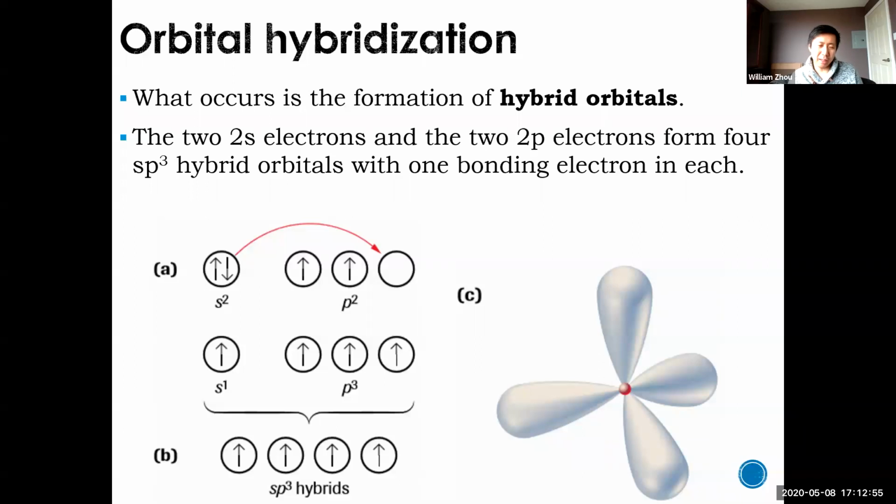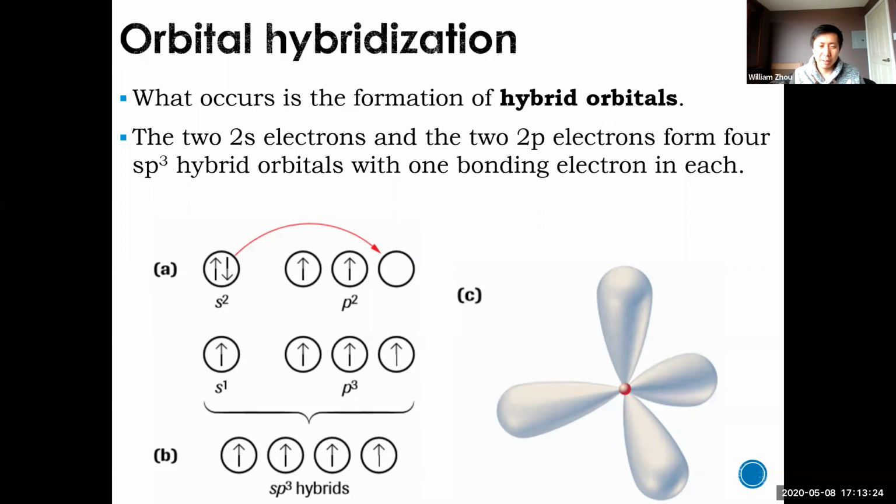And we're not done yet. Then all 4 orbitals with 1 electron each will hybridize to make 4 identical orbitals. Let me repeat that. Because s orbitals are different from p orbitals, they have lower energy than p orbitals, and they have a different shape too. They are found in a different place.